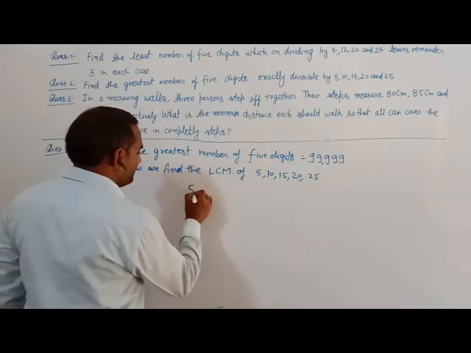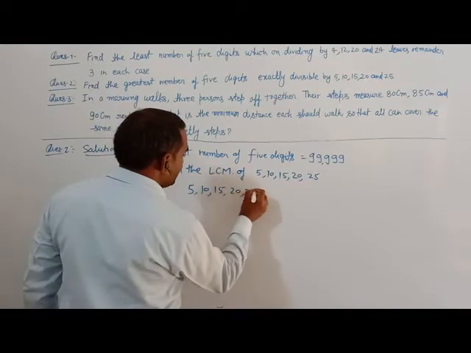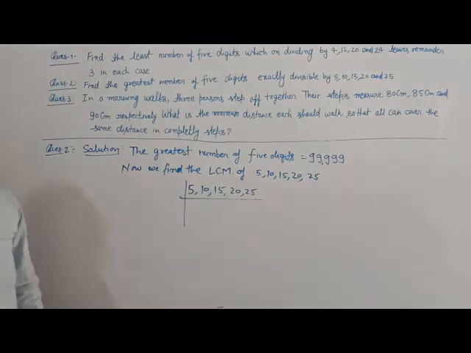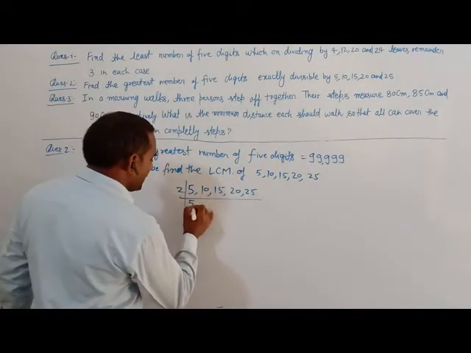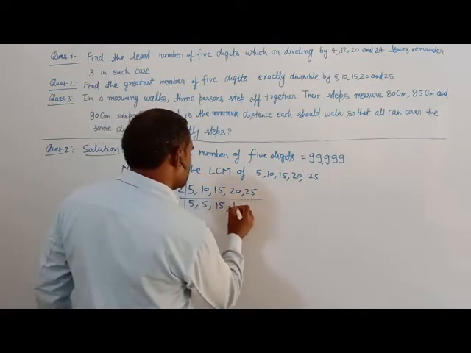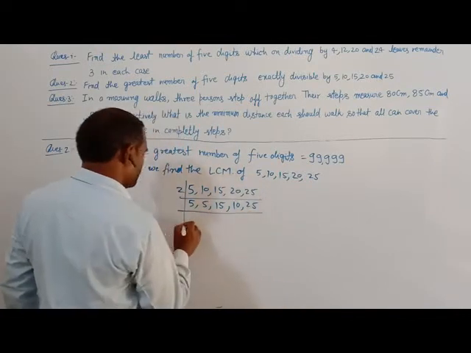We divide by the least number 2. 5 is not divisible, 2 5s are 10, 15 is also not divisible, 2 10s are 20, 25 is also not divisible by 2.